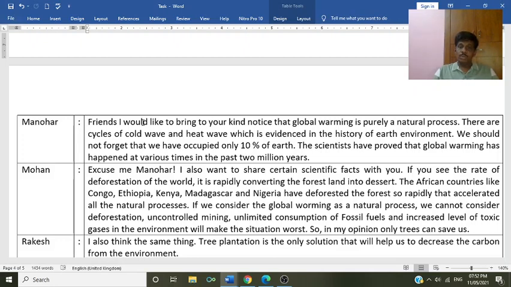If we consider global warming a natural process, we cannot ignore deforestation, uncontrolled mining, unlimited consumption of fossil fuel, and the increasing level of toxic gases, which will make the situation worse. So, in my opinion, only trees can save us. So, you can see again Mohan is convincing Manohar with certain real examples.